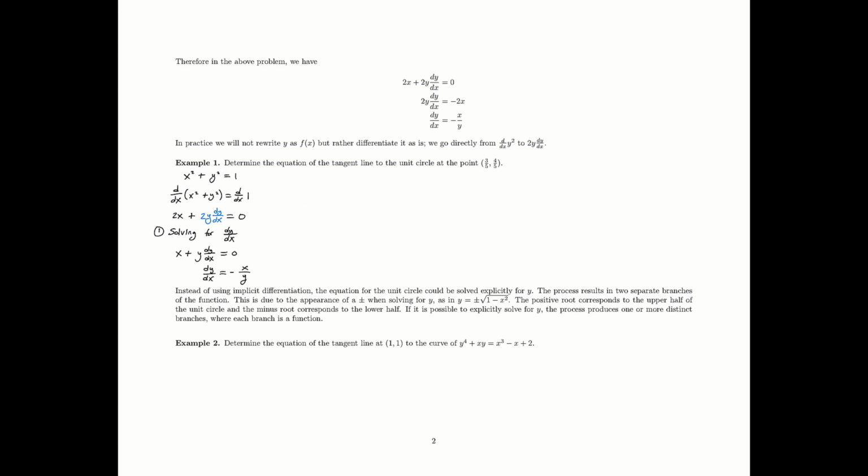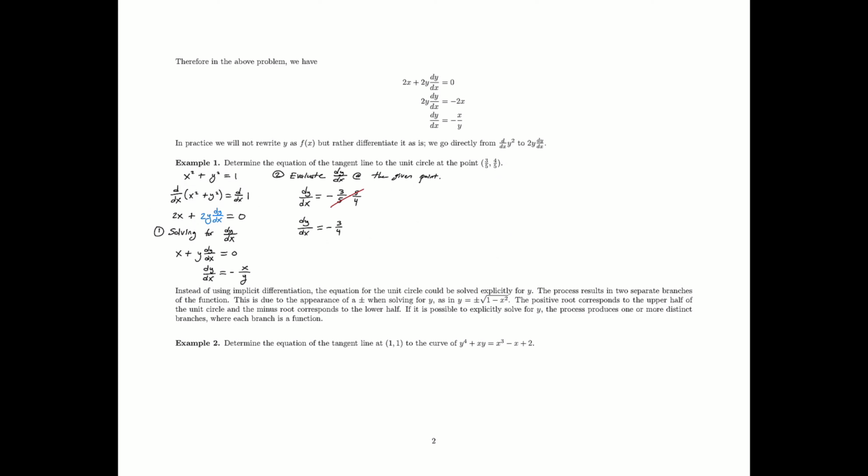Now once we have that, we want to evaluate the derivative dy/dx at the given point, which for us is 3/5, 4/5. If we plug that in, dy/dx equals negative 3/5 divided by 4/5, but division by a fraction is multiplication by the reciprocal, so this ends up being dy/dx equals negative 3/4.